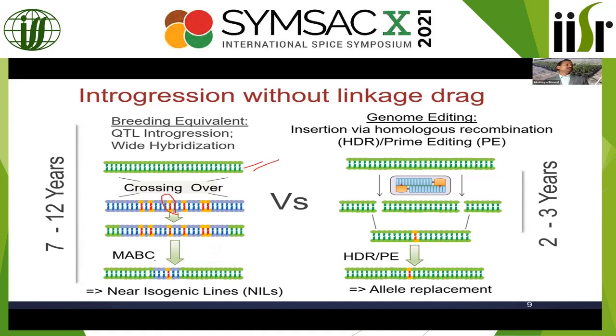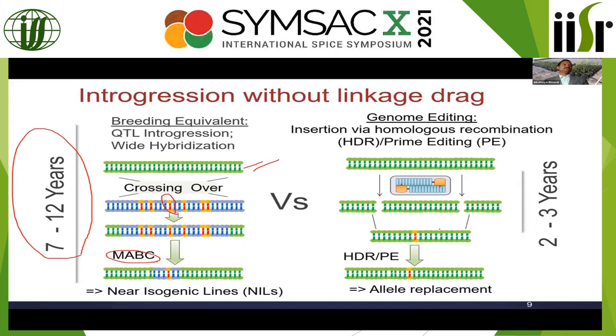So for that, the breeder has to do several rounds of marker-assisted backcrossing to get a plant which is near isogenic to the elite parent. Even with the development of technology, with genomic markers, all these things, it still takes 7 to 12 years to develop and release a variety.